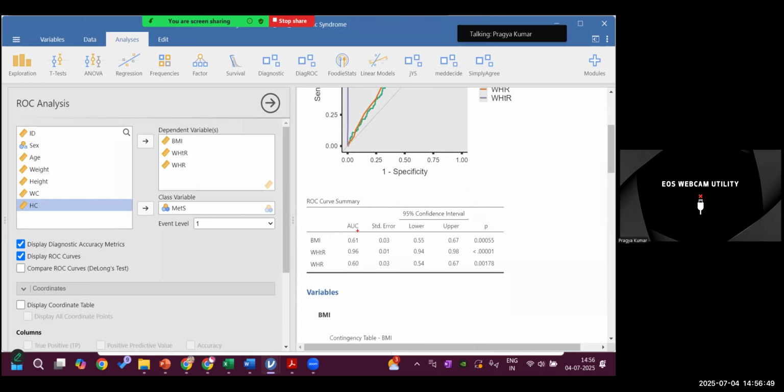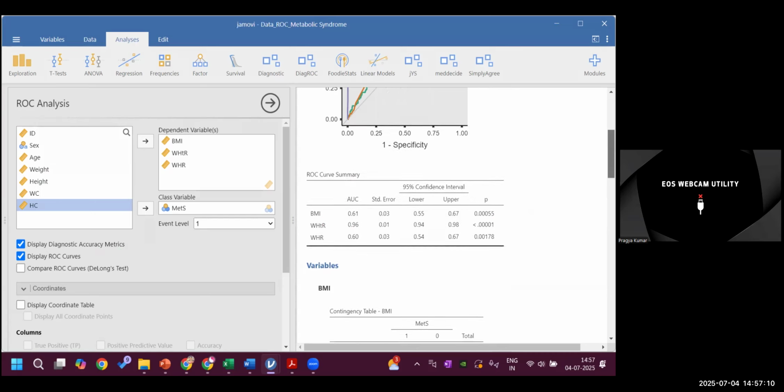The AUC of BMI is 0.61, which is not acceptable. Minimum should be 0.7. Waist hip is again 0.6. But waist height is good. It is 0.96. And the p-value, if there are more than two, I'll tell you that later on. So first you only compare this.